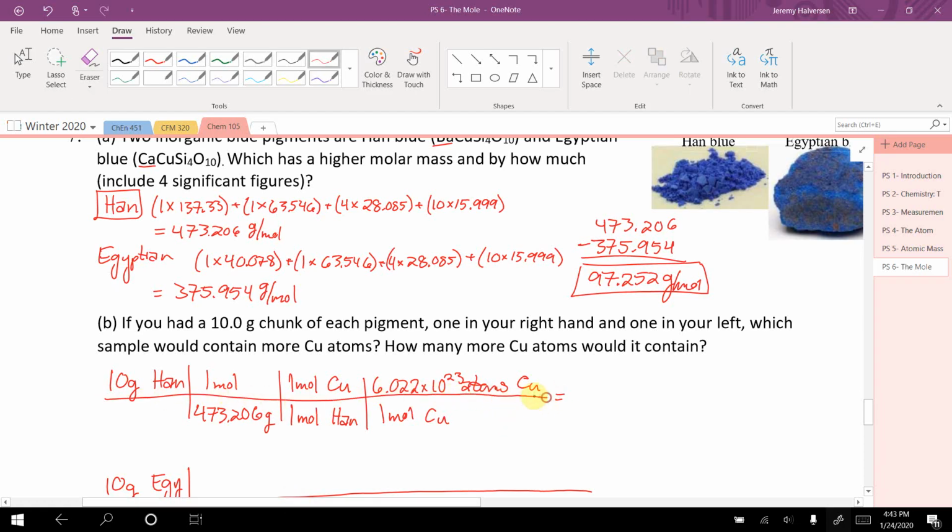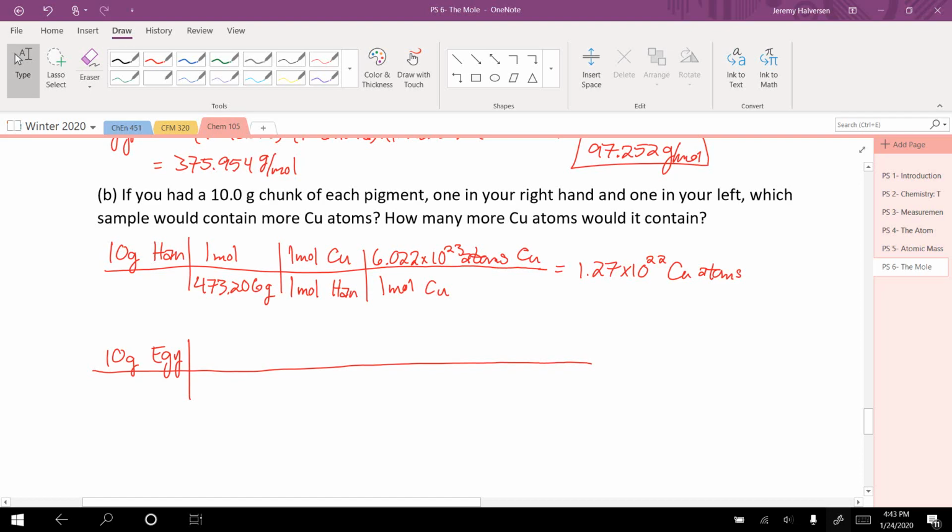So now I do that math. 10 grams. And I get, in 10 grams of Han, 1.27 times 10 to the 22nd copper atoms. Alright, now with the Egyptian, I know that 1 mole is 375.954 grams. And I'm going to do this one a little bit differently.